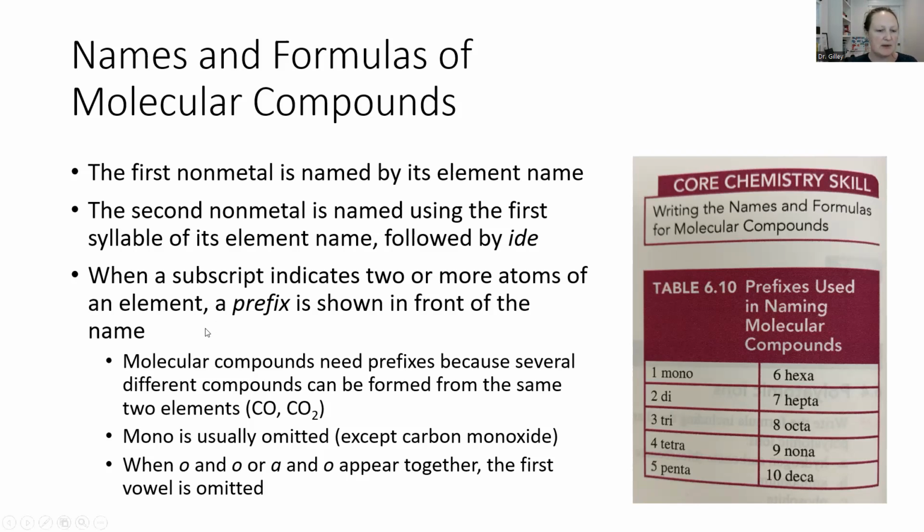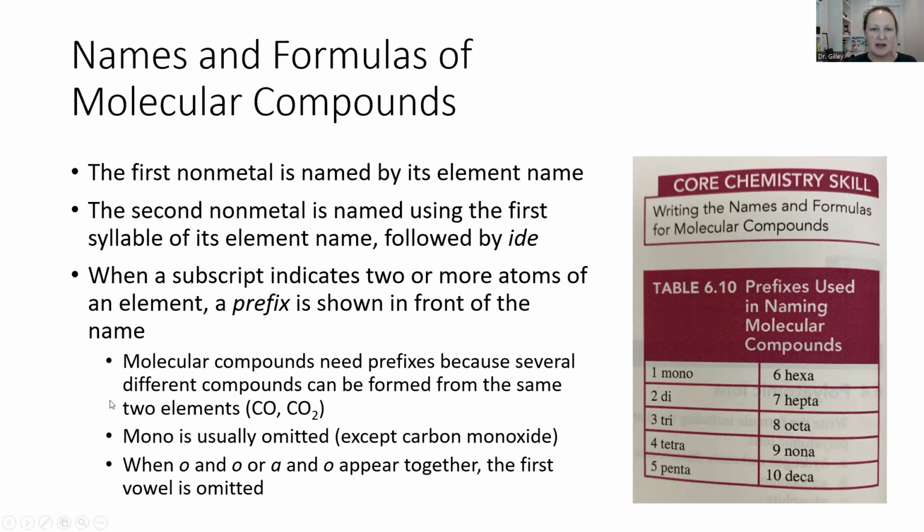So now if I tell you the name of CO is carbon monoxide and the name of CO2 is carbon dioxide, then you can say, okay, well, the mon or the di tells me how many oxygens are in the formula, right? So you can see the different prefixes that are used to denote how many of that type of atom of a particular element are in that molecular compound.